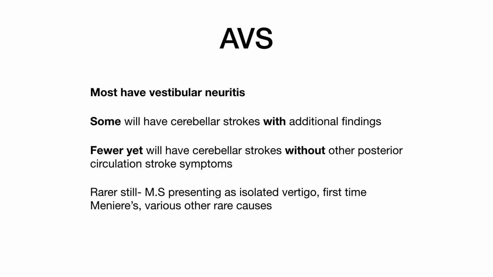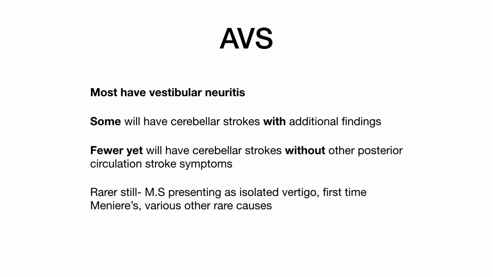Fewer yet will have cerebellar strokes without other posterior circulation stroke symptoms. We can use HINTS to prevent us from sending these patients home. And rarer still are cases of MS presenting as isolated vertigo or first-time Meniere's disease and various other rare causes of acute vestibular syndrome.